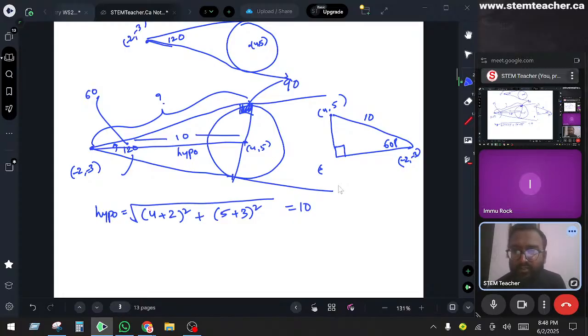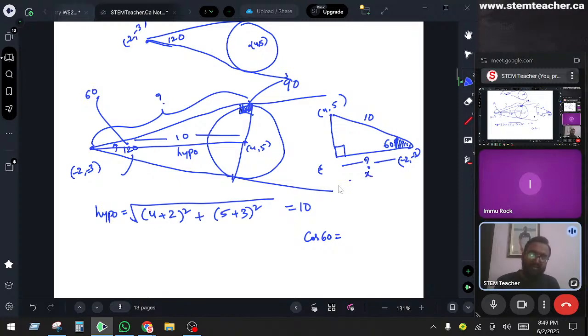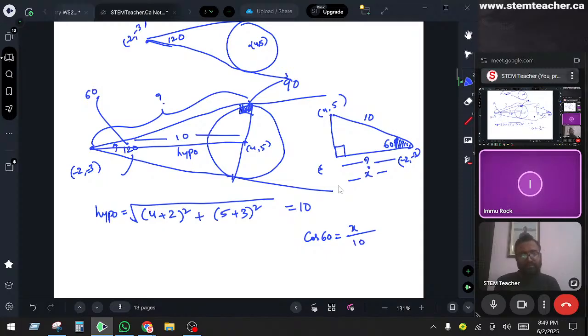We want this length between these two points. What is this? How can you get it? Hypotenuse, adjacent, theta. What is the formula we have to use? Cos theta. Cos 60 is equal to adjacent, let it be x, by hypotenuse, which is 10.